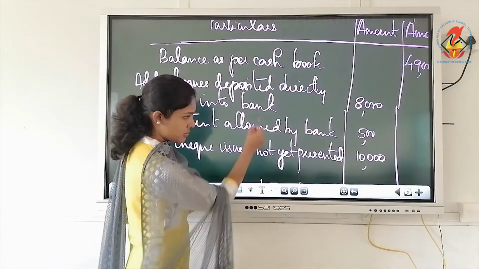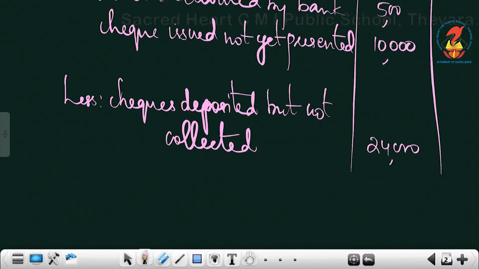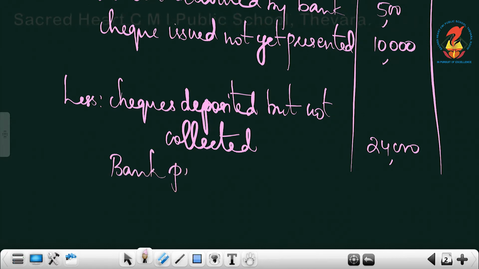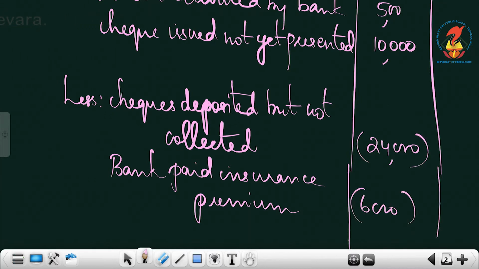So this is an item to be deducted. The amount is 6,000. Bank paid insurance premium you can write. The same transaction you can write here also. I mean the question itself you can write. Okay, all these you write within brackets because these are less items.